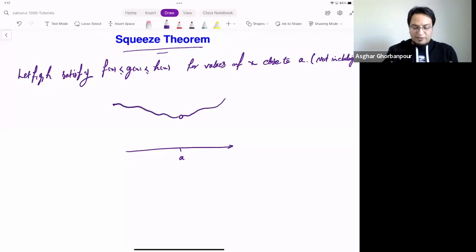The function h, at every point, the value of the function is bigger than the value of the function g. So it means that the graph of g will always be below the function h.